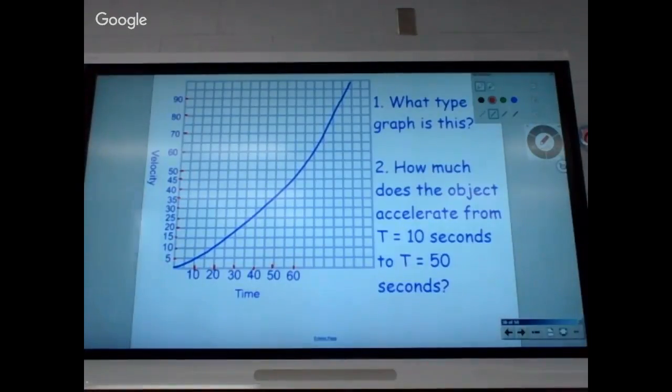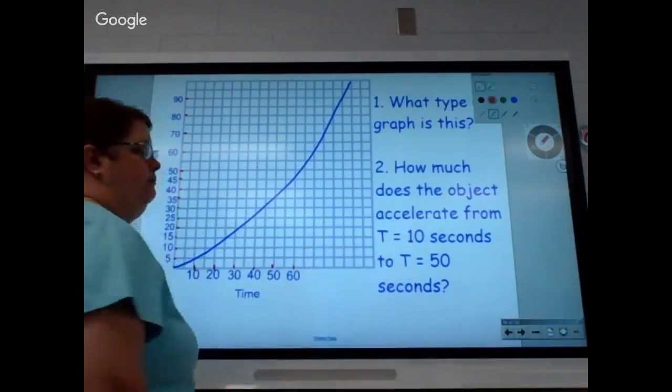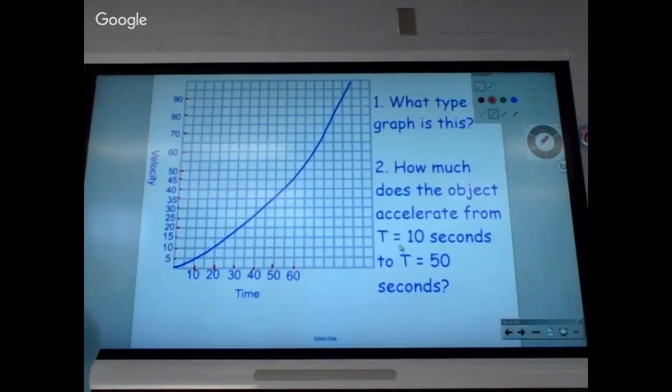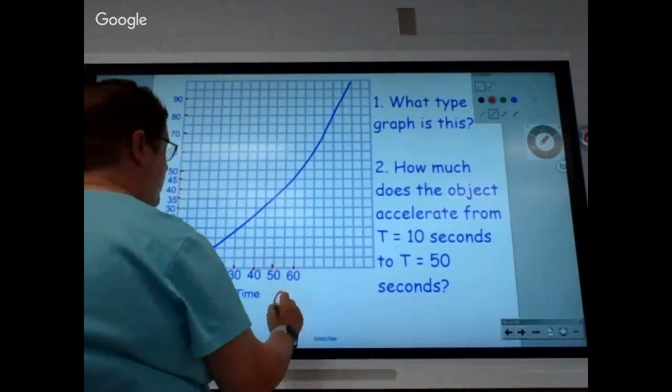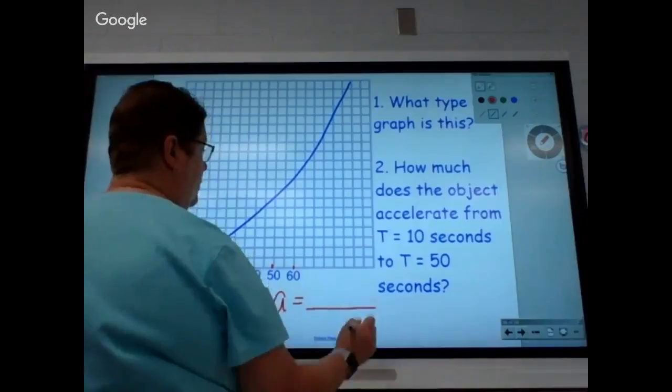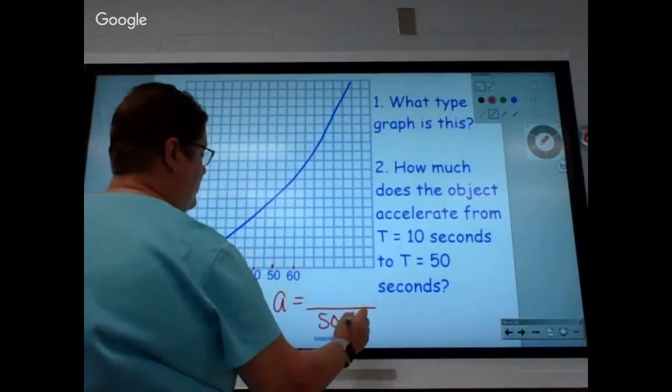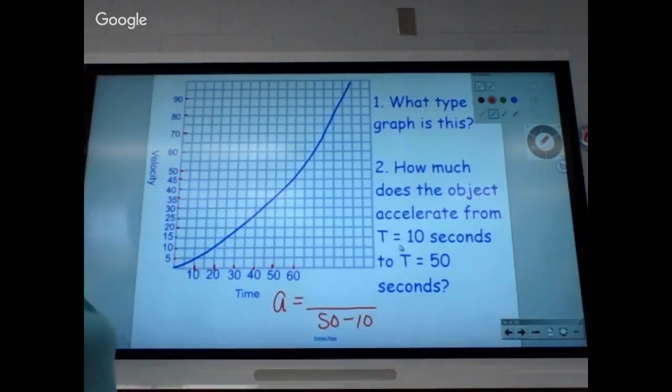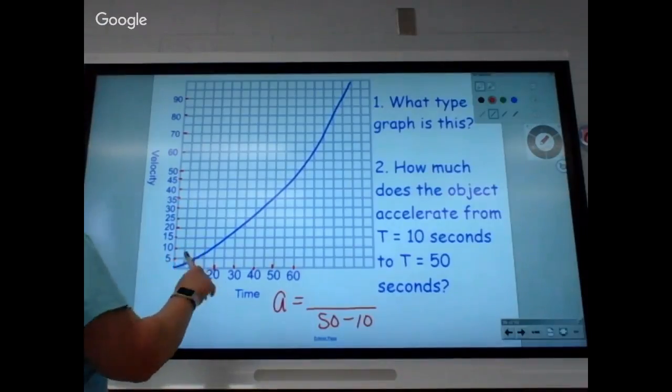So when you look at this, how many times did I give you in the question? So what do you do with them? A equals 50 minus 10. Now, did I give you the velocities in the question? No. So where do you find the velocities? Find the graph. So find the 10.